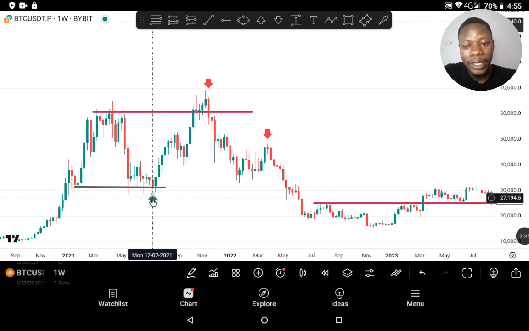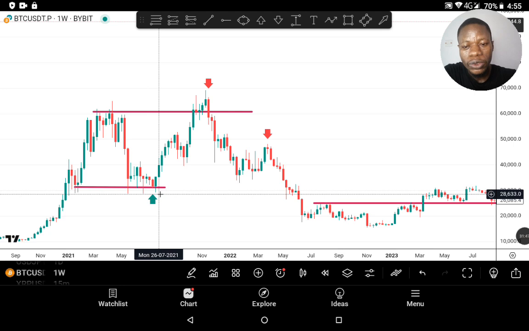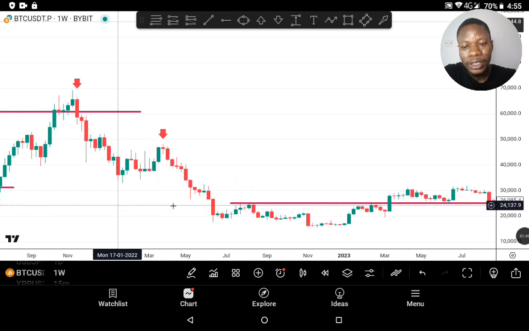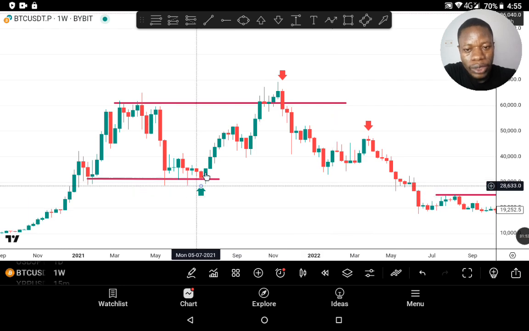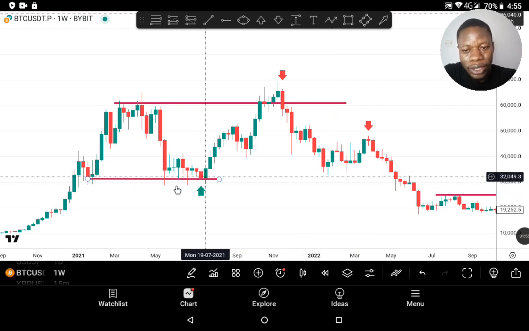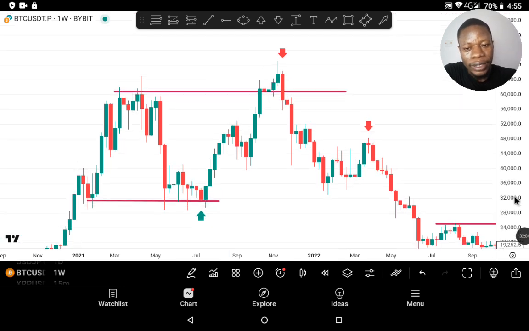So what do we have here? If you zoom into the chart very well, you see that this is a Marubozu candle, and it's happening on its support level. Don't forget, this is not a hammer. Try and understand, don't confuse this for a hammer.